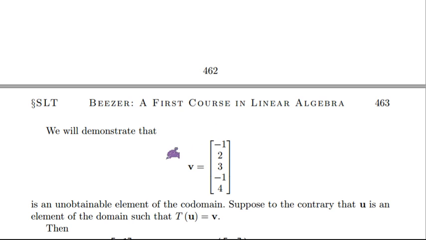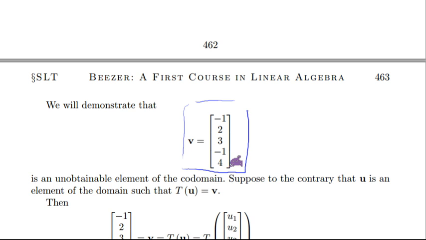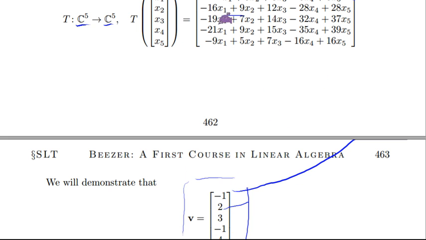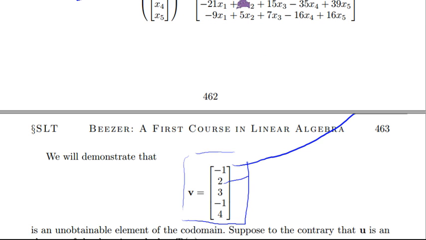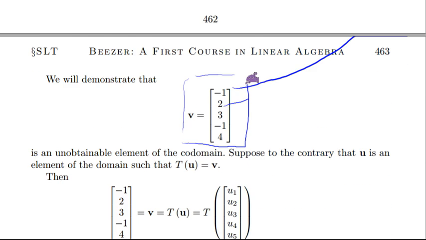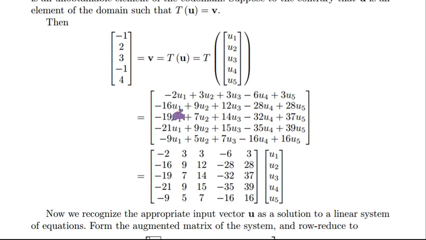So he will show that in fact this element v, which is in the codomain, is not in the range of T. Now if it was, that means I could set minus 1 equal to this, I could set 2 equal to this, I could set 3 equal to the third one, 4 minus 1 equal to the fourth one, and 4 equal to the fifth one, and find a solution. But he's going to show that in fact there's no solution to this vector equal to this matrix times this.